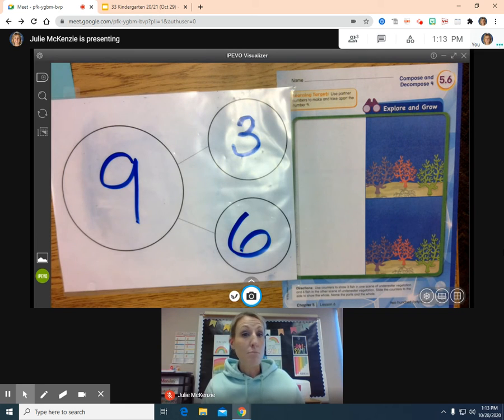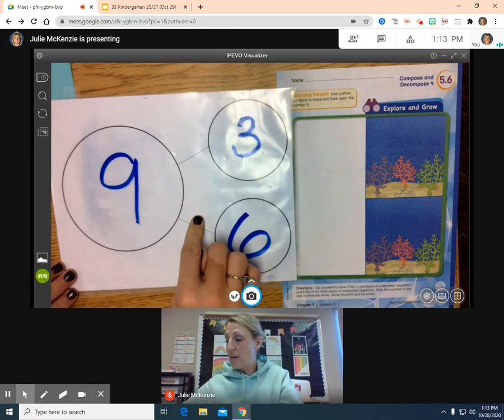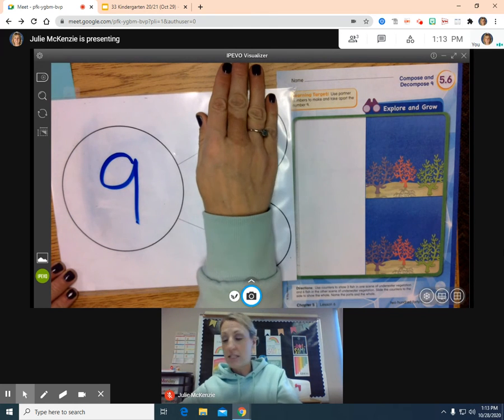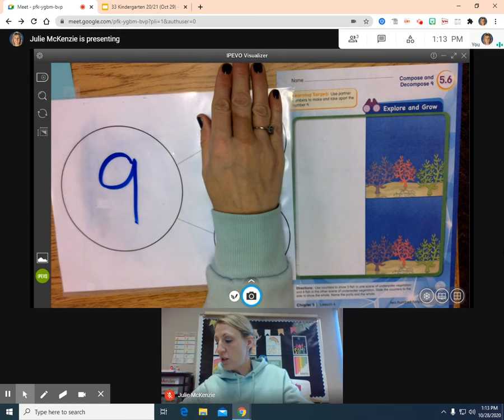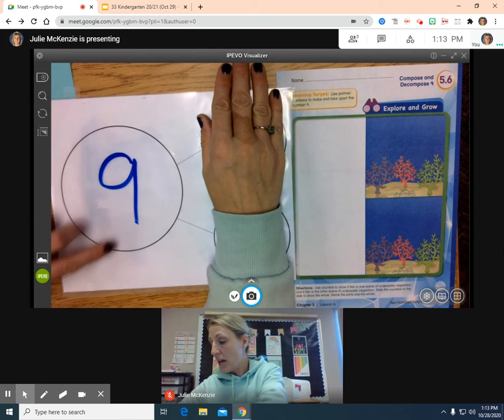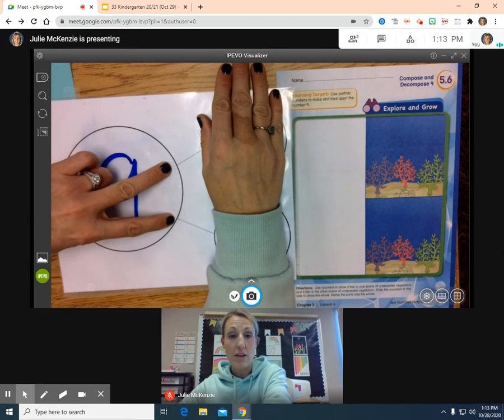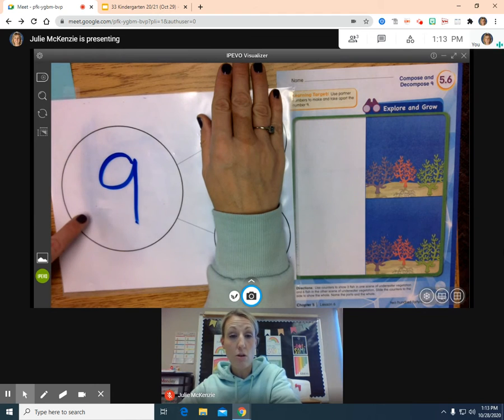The thing that's important to remember is what circle is trying to show you the whole group number. Remember, the circle for the whole group number will have 2 lines coming out of it. If you look at just this circle, you will see that this circle has these 2 lines coming out of it. That's how you know this is the whole group number.